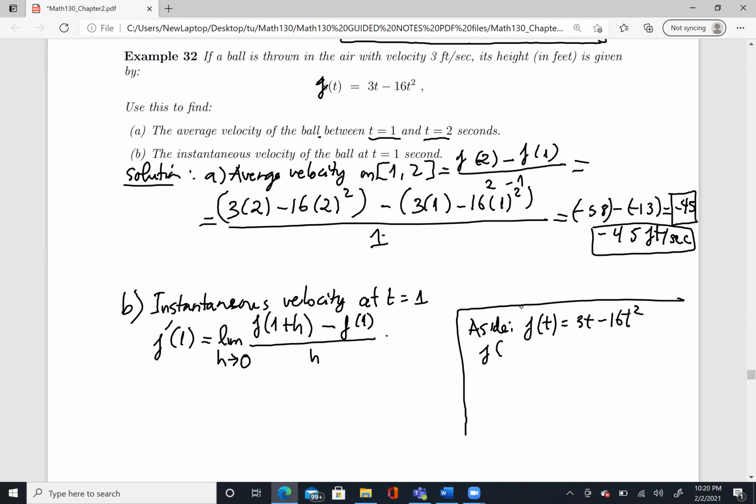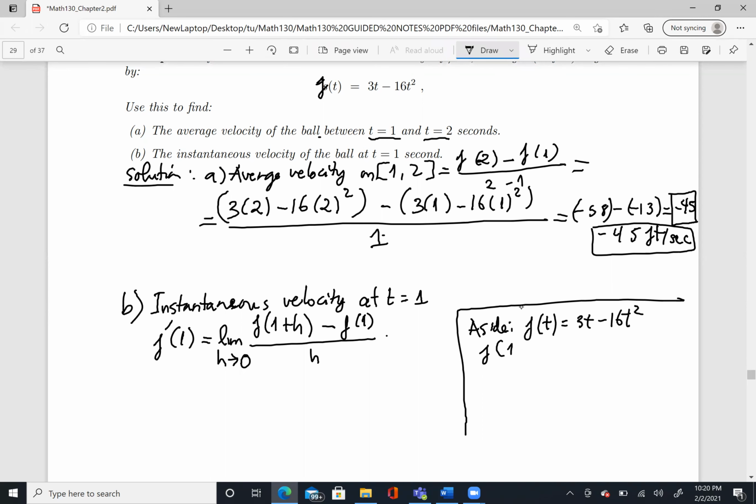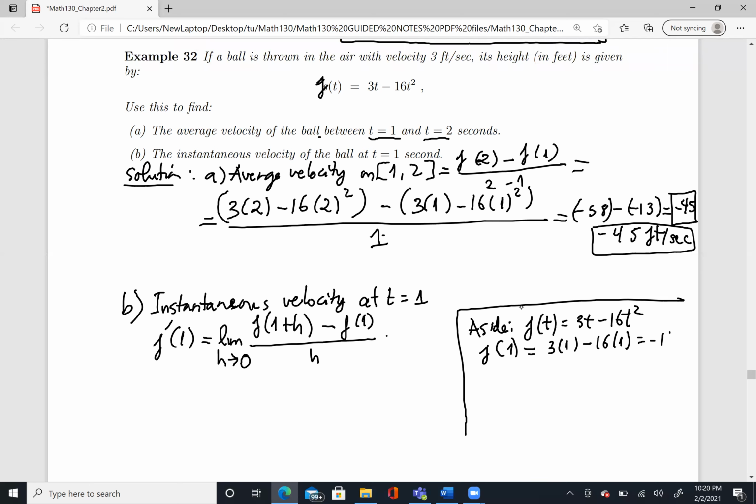Let me start with f(1), which is going to be equal to 3 times 1 minus 16 times 1, which gives you negative 13. And f of 1 plus h will be equal to 3 times 1 plus h minus 16 times (1 plus h) squared.